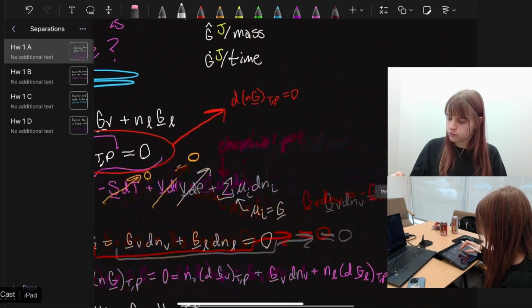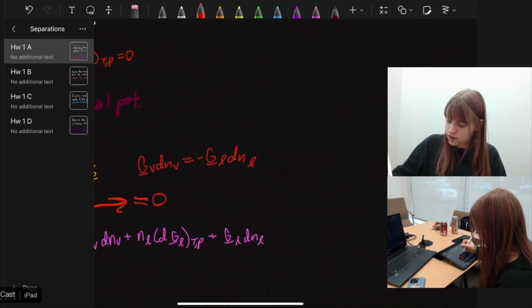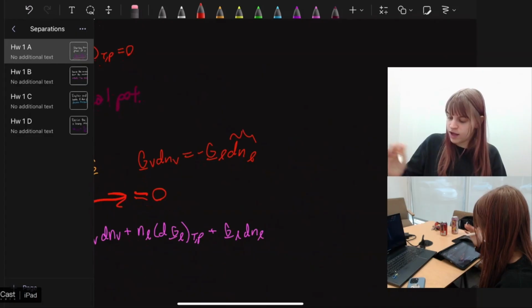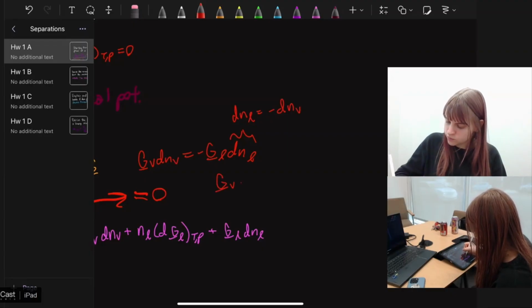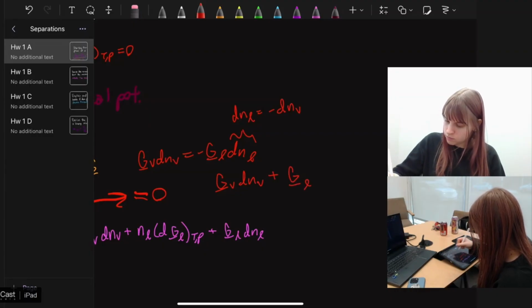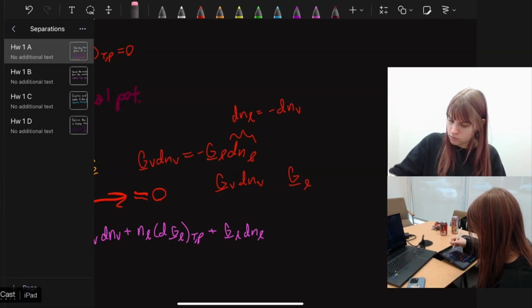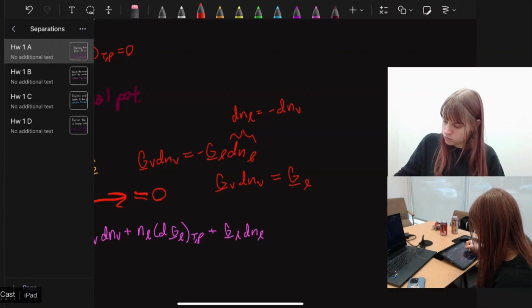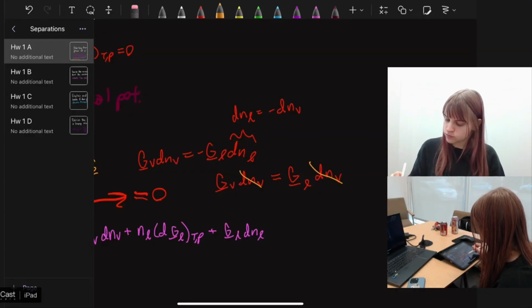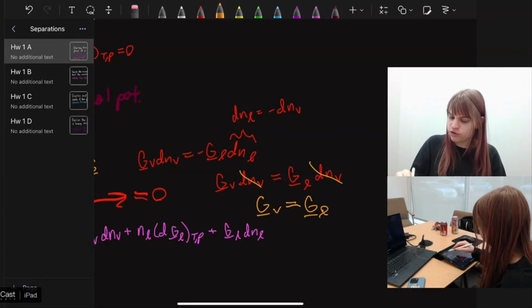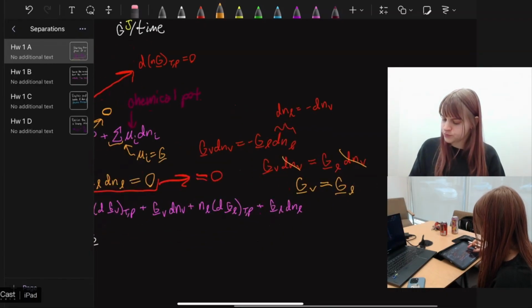Since they're the negative of each other, we say dN_L equals negative dN_V and substitute that in. What we see is we cancel these out, leaving us with the Gibbs free energy in the vapor phase equal to the Gibbs free energy in the liquid phase.